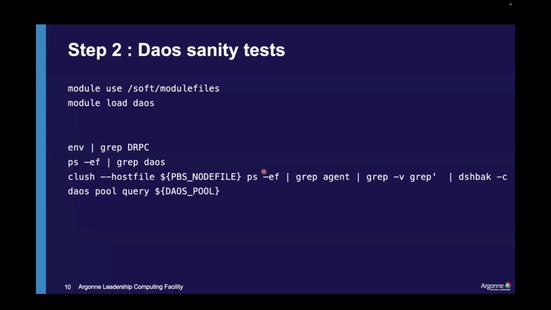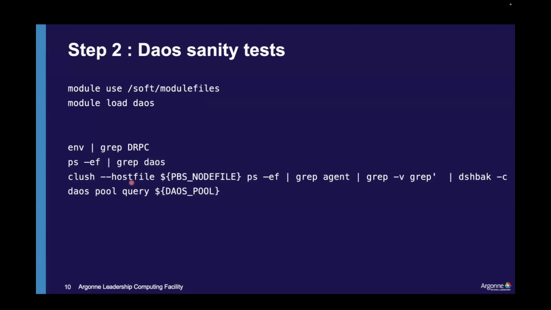And these are some sanity tests. Often we get the question: is DAOS up or down? The first thing we have to do is use module load daos, so you need to use soft modules, and then you should load DAOS. These are some sanity tests to make sure the module is loaded and the DAOS client process is running.